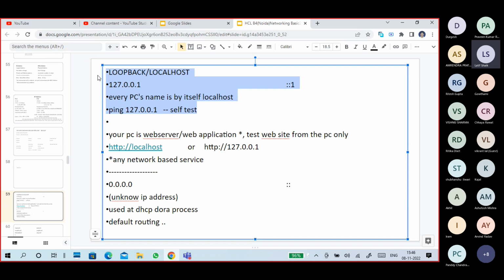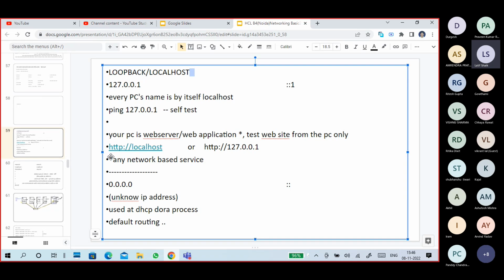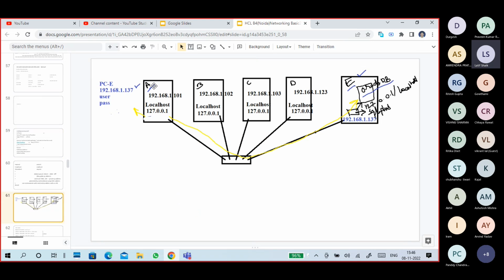One more point about IPv4: the loopback, or localhost. Every PC has its own name and its own IP address.